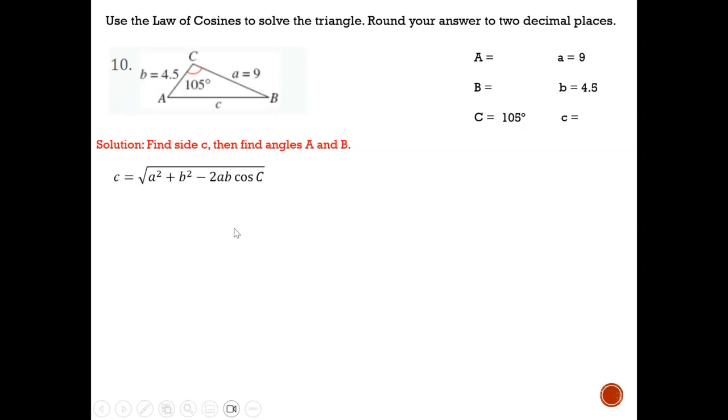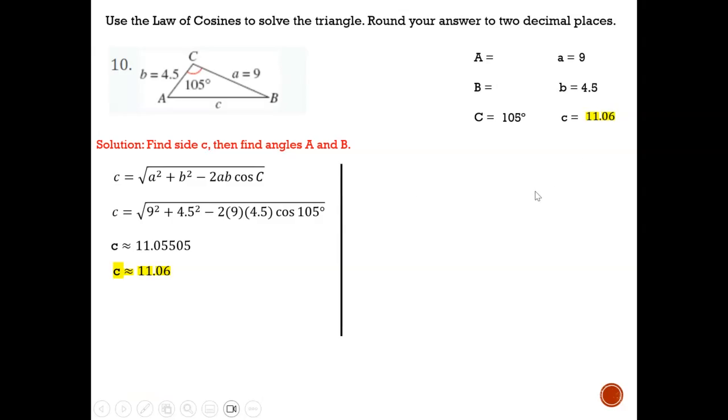By using the law of cosines. Side C is equal to the square root of A squared plus B squared minus 2AB times cosine of C. Let's plug everything in. Side C will be 11.05, so say 11.06. So we got side C.